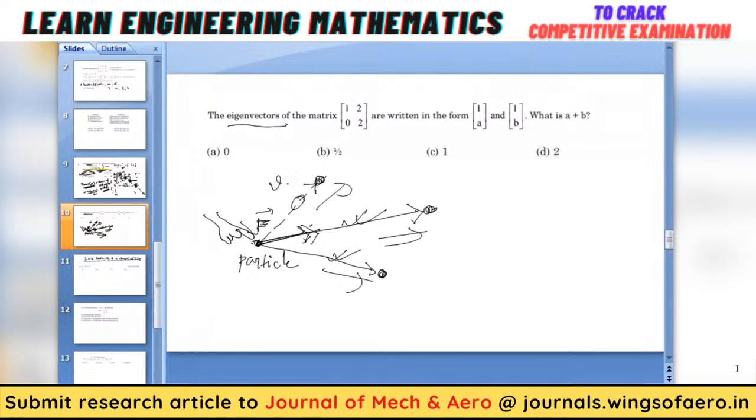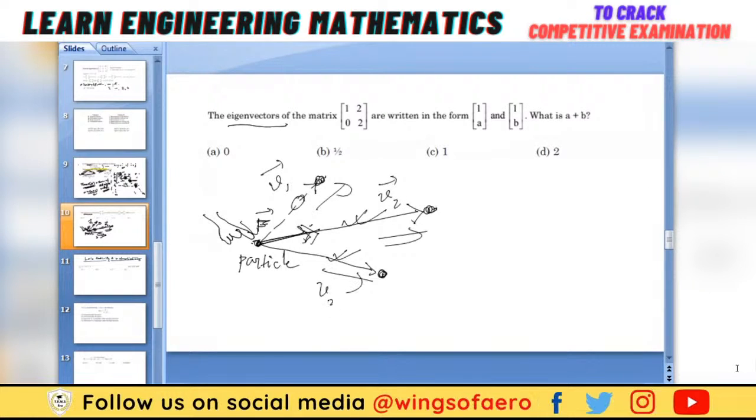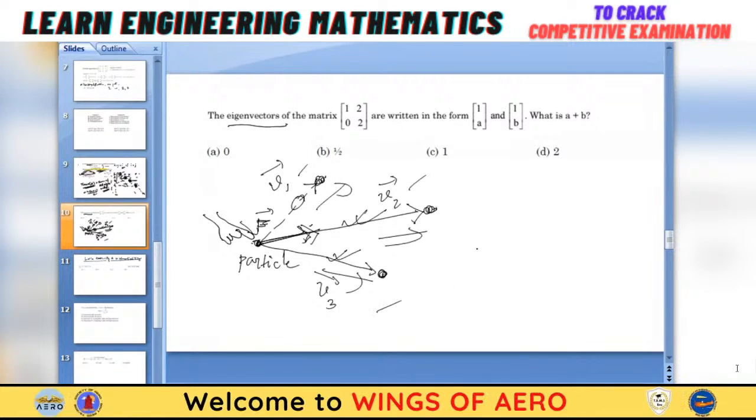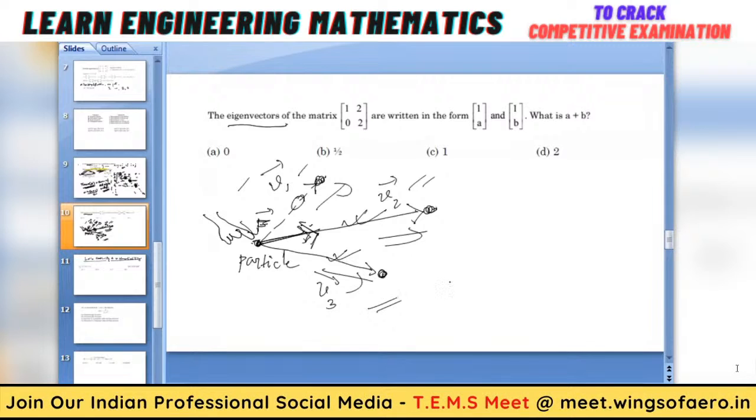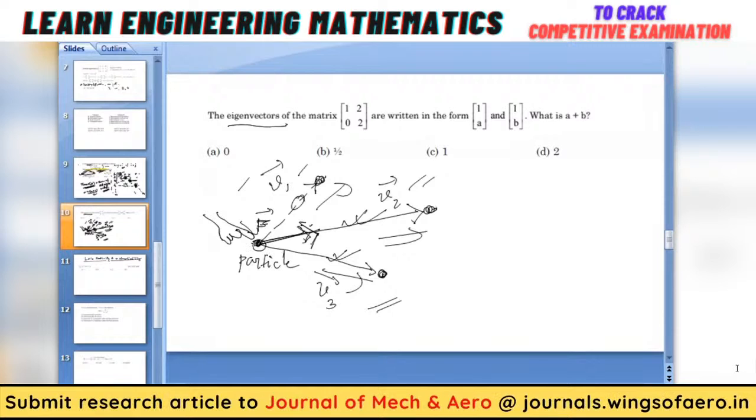So suppose this is vector 1, this is vector 2, this is vector 3. Which of these v1, v2 and v3 should be called the eigenvector? Can anybody tell me? I am applying the force here.